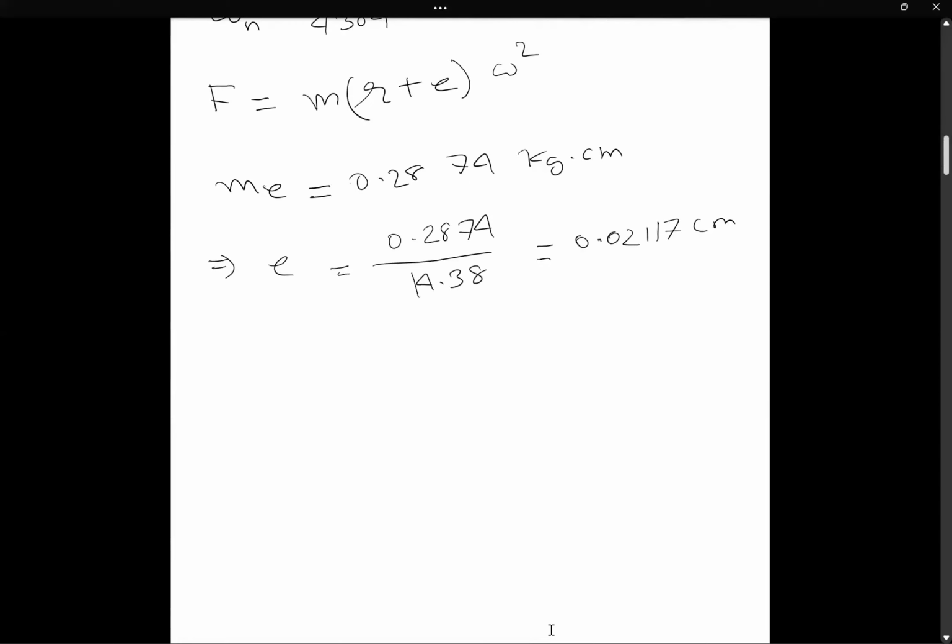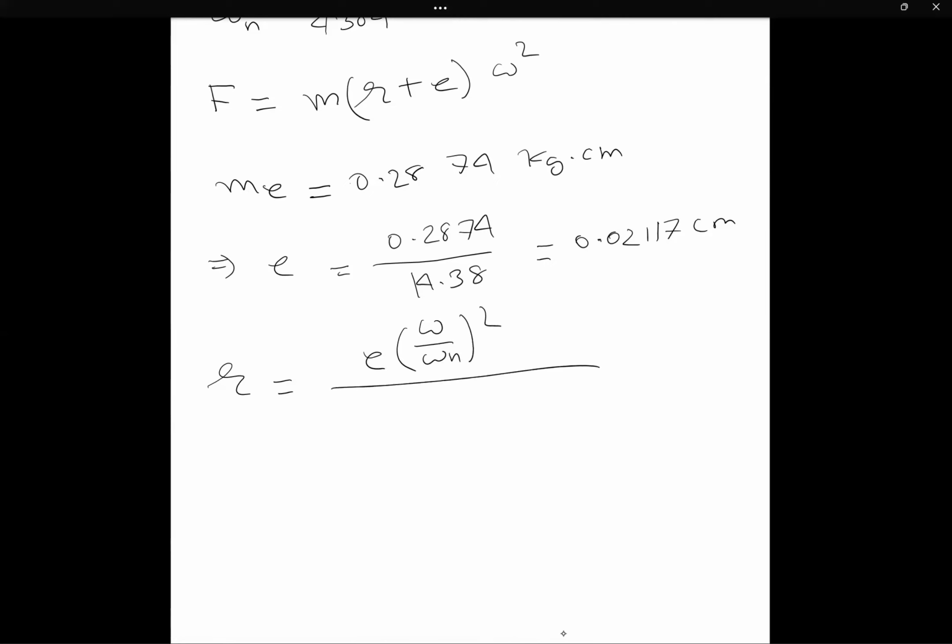Again, we know the deflection R can be E times omega by omega n whole square over 1 minus omega by omega n whole square.